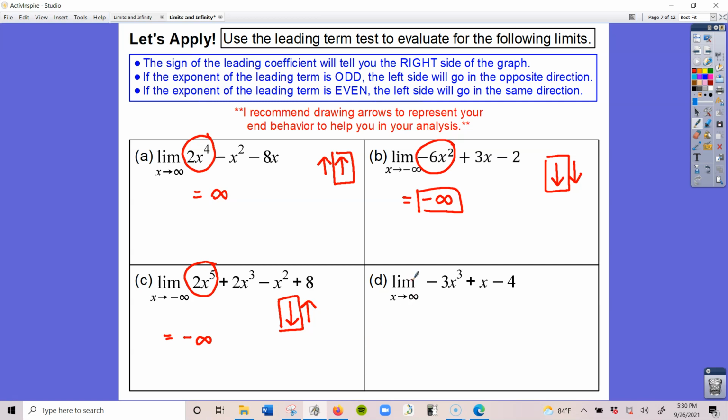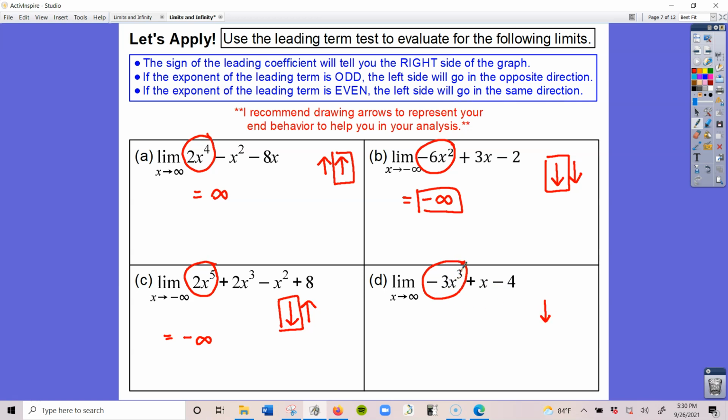Last example here, we have the limit as x is approaching positive infinity of negative 3x to the third plus x minus 4. Since my leading term here is the negative 3x to the third, and I see that the leading coefficient is negative, that means that my right side is going to go down.